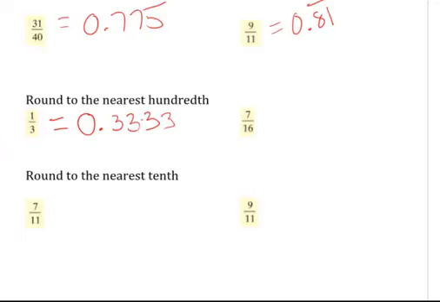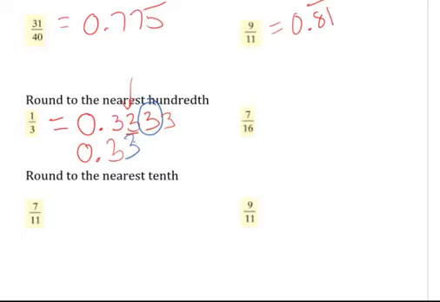So remember, the hundredths position is the second number to the right of that decimal point. So I'm going to leave my first 3 alone. The question here is, should I change that 3 to a 4, or should I leave it alone? Well, if you look at the number to the right, it's not 5 or more, so I'm going to leave that second 3 as a 3.